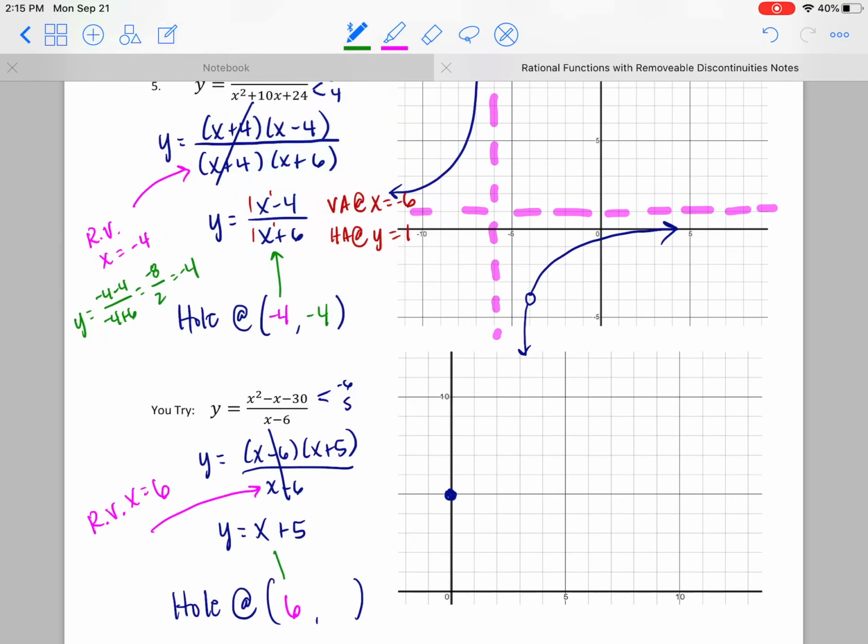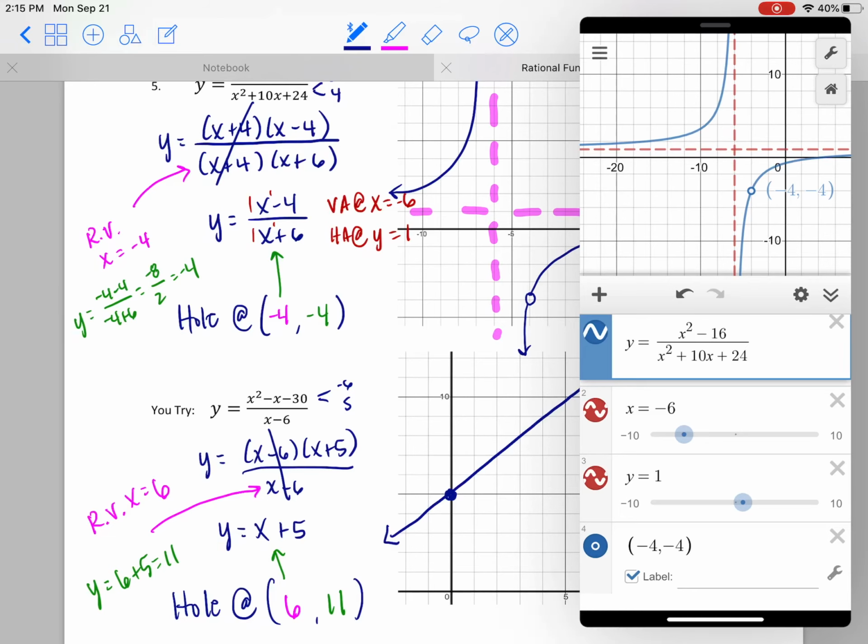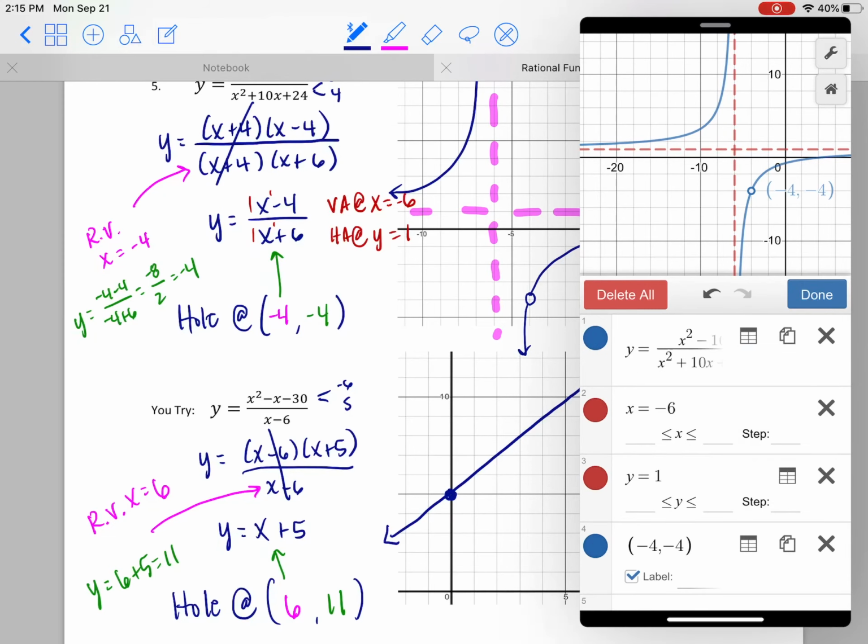And then if I take that +6 and plug it into my function, y is going to equal 6 plus 5, which is 11. So 6, 11 should be the coordinates for the hole. So at 6 and 11, I'm going to make the hole, and then I can just connect these to make my line. Okay, so now let's confirm.